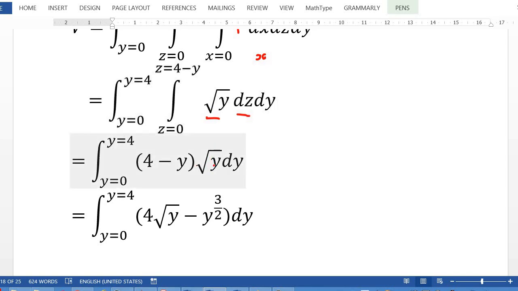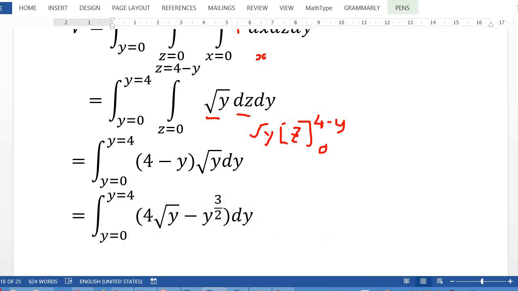So you get square root of y times z, where you put in the limit z from 0 to 4 minus y. So you have 4 minus y times square root of y, so you have 4 square root of y minus y power 3 over 2.